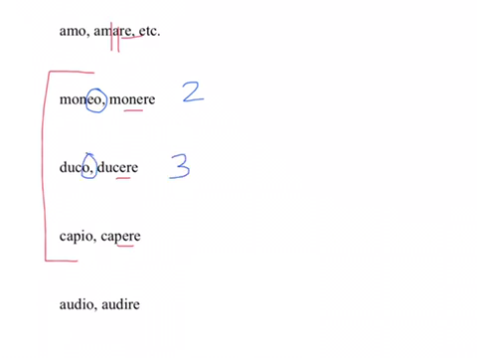The first conjugation is distinguished because it has an A before the RE in the second principal part. The next 3 conjugations all have E before the RE. You can tell them apart because the second conjugation has an EO, the third has an O, and the third-io has an IO.